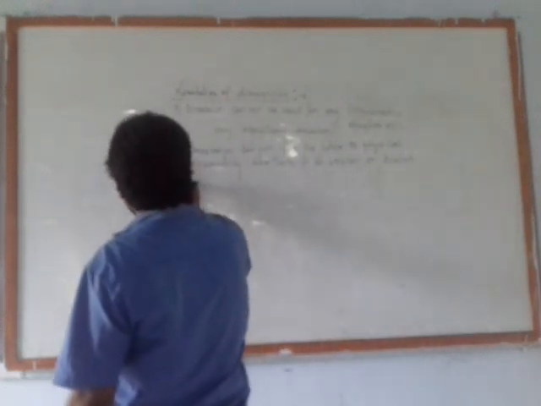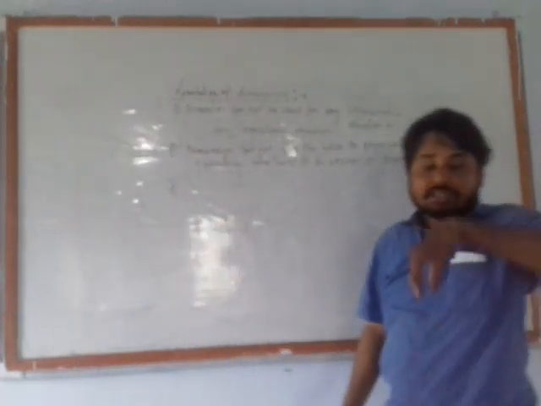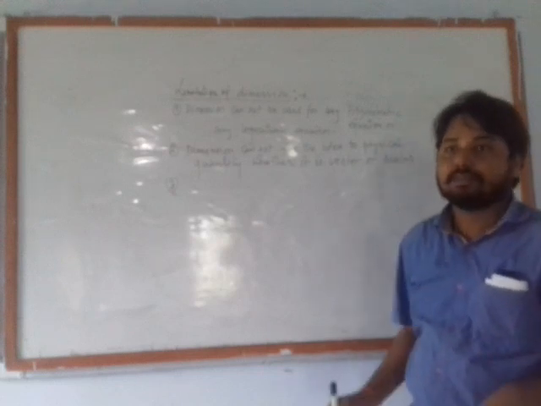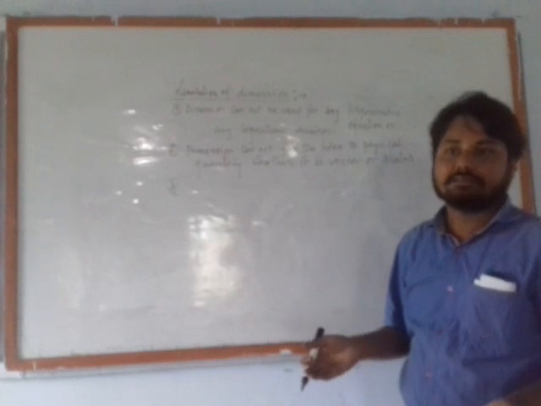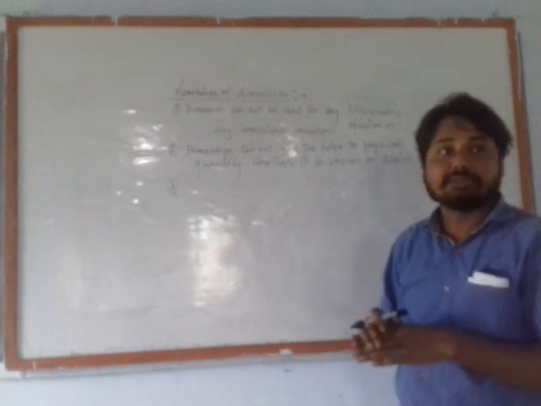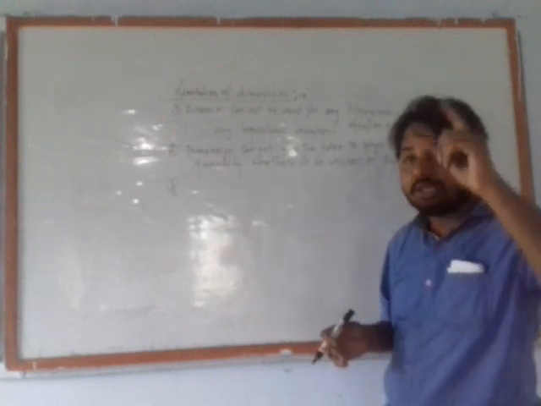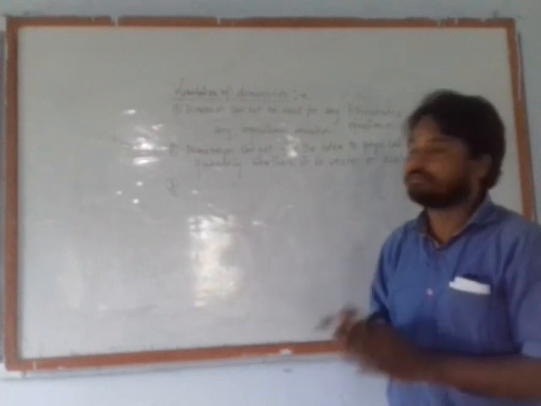Now third is very important, that dimensionally correct equation may not be correct. Dimensionally correct equation may not be correct, but dimensionally wrong equation is always wrong.